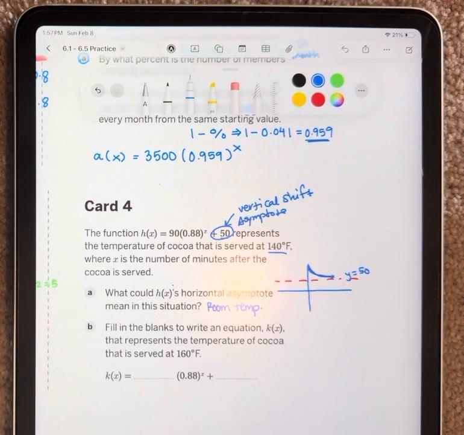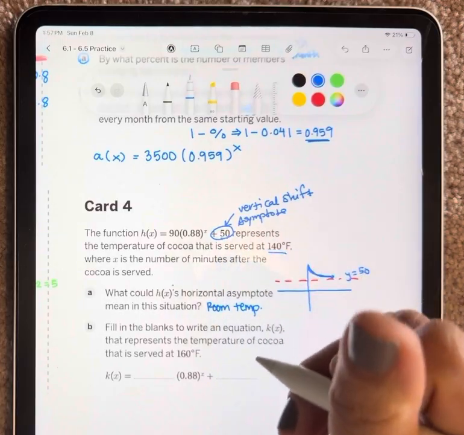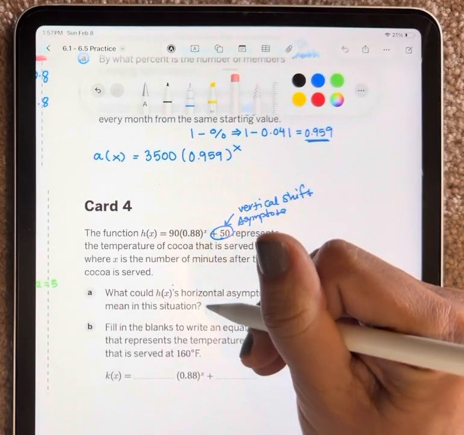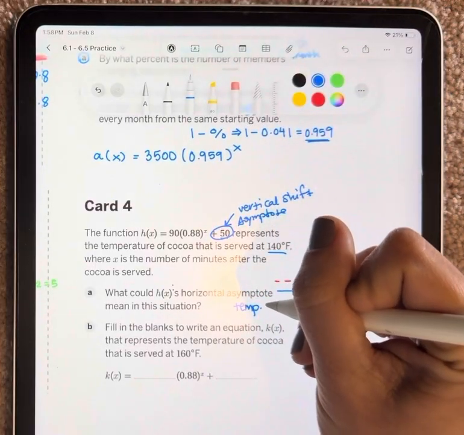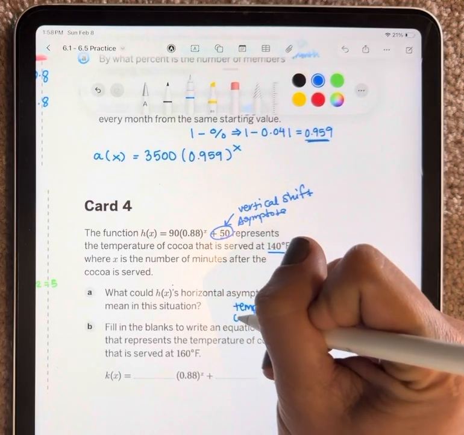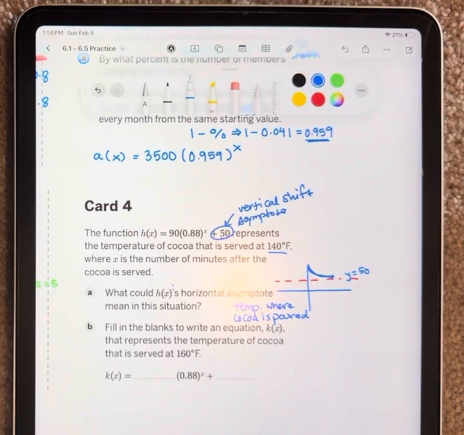Or maybe we're outside and it's 50 degrees outside. So outside temperature, just the temperature of wherever the cocoa was poured. I think it makes more sense to be outside.